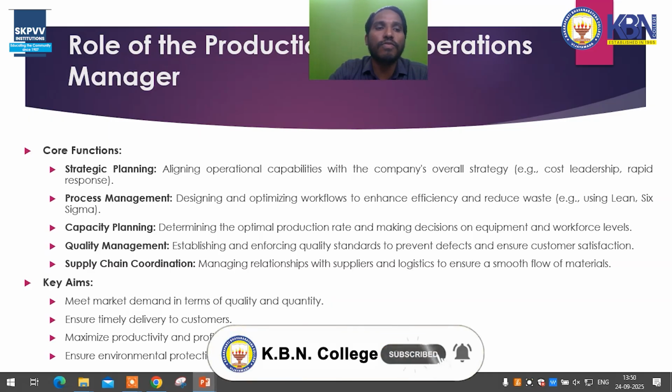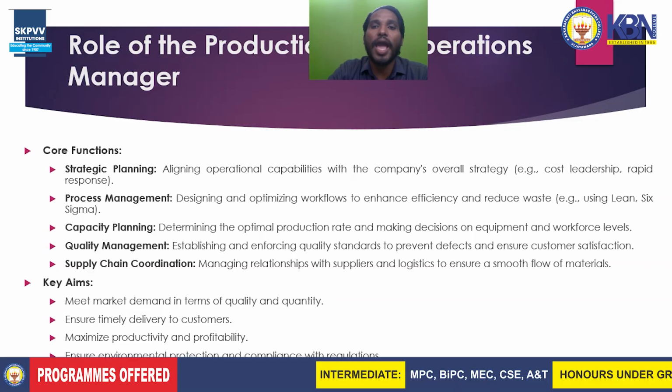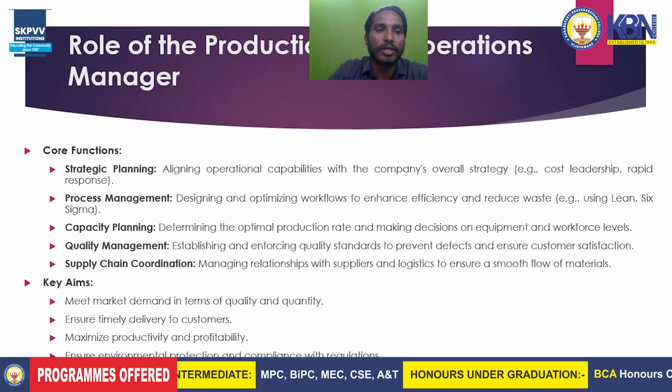Coming to the core functions: strategic planning, aligning operational capabilities with the company's overall strategy, that is, cost leadership or rapid response. And here we have process management. The operations manager designs and optimizes workflows to enhance efficiency and reduce waste using lean and Six Sigma tools.